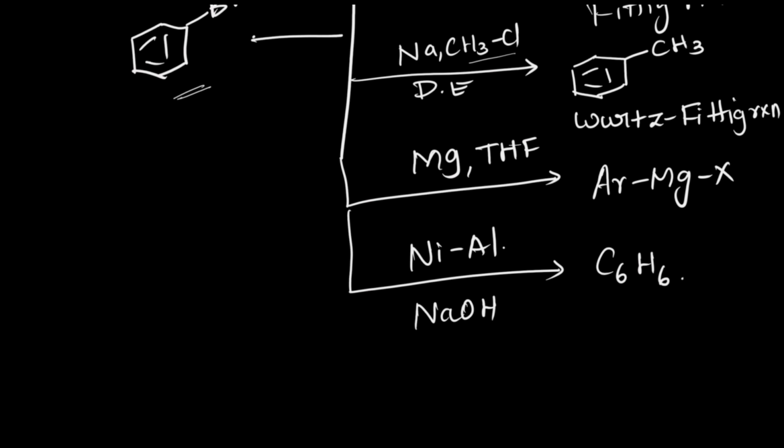Please do check it out, the uses also. I'm telling you, it is there in your book. Freon-12, which is one of the most common freons which is in industrial use. And chloroform, you know that very well. Carbon tetrachloride, it is used as a fire extinguisher.